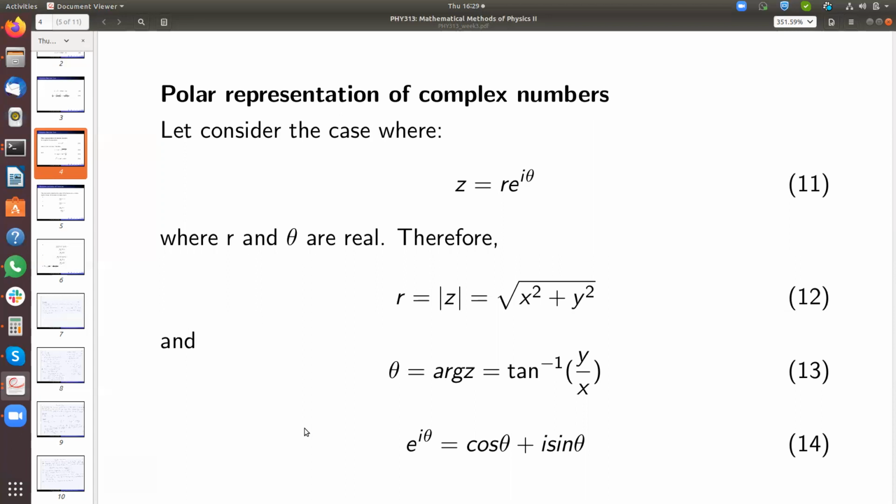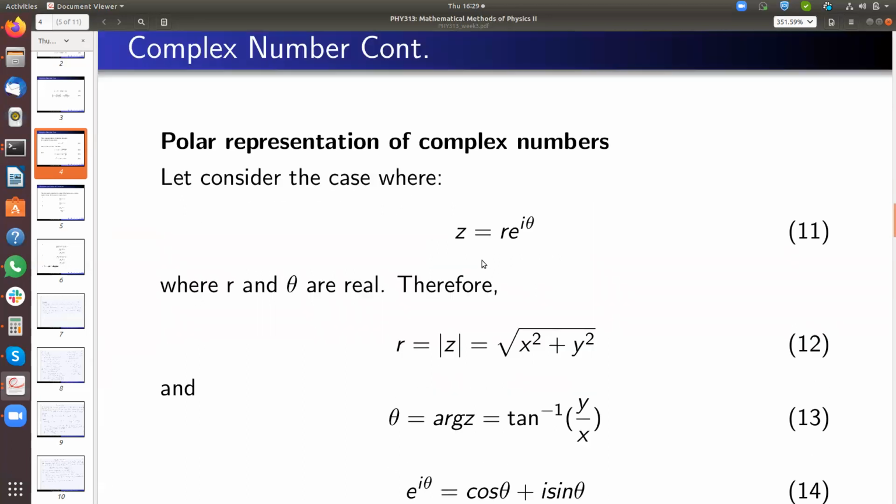I would like to know more about this polar representation. When we started the class, we defined the complex number. We said z is equal to x plus iy.